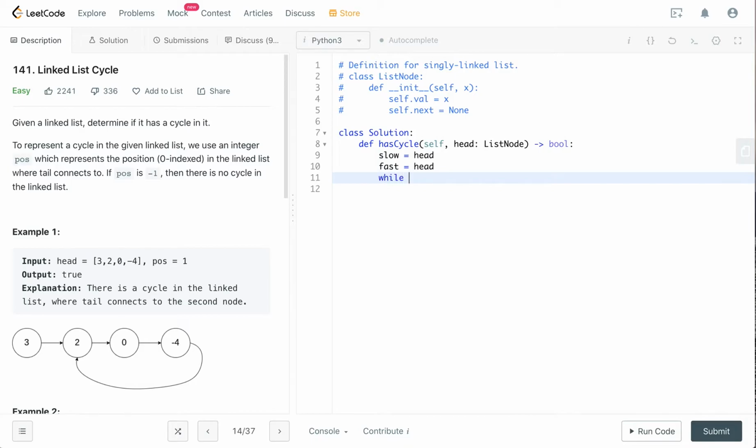While the fast pointer is not equal to null, which means it has not reached the end, and the fast pointer's next is not the end, then, remember, the fast pointer moves 2 steps at a time, and the slow pointer moves 1 step at a time.